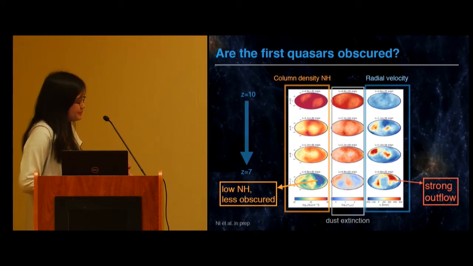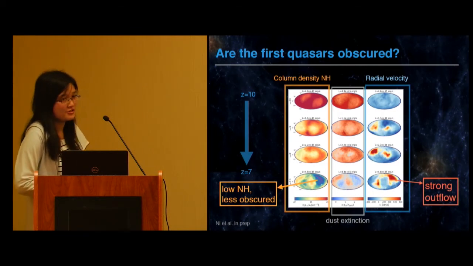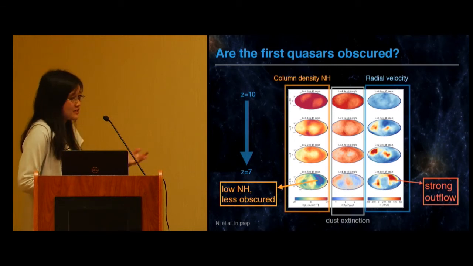So the red region indicates the strong outflow direction. We see that there's a very direct correspondence between the low column density region and the strong outflow region, which gives us a picture that the high redshift quasars are surrounded by high density gas. However, the AGN feedback process can co-evolve with its local gas density field and bring strong outflow that clears the view of the quasar itself.